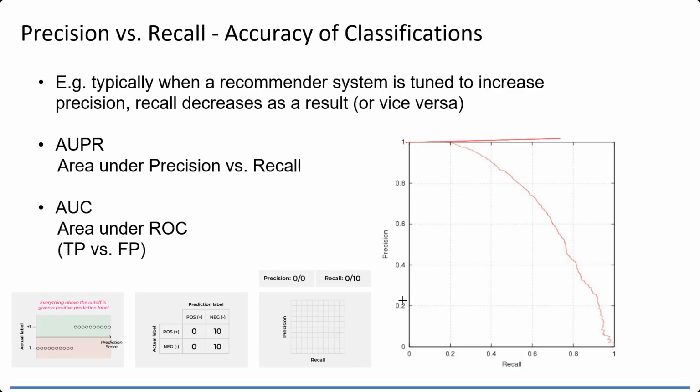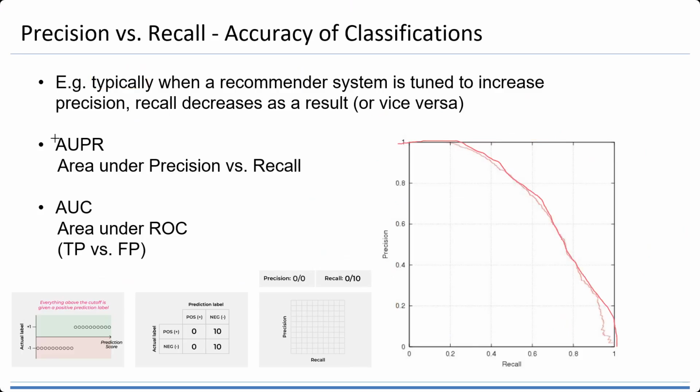When we try to increase precision, the recall decreases, or vice versa. If we want to increase the recall, the precision decreases. That's why you can see the graph usually looks something like this.